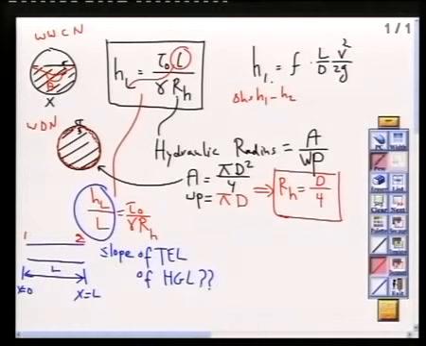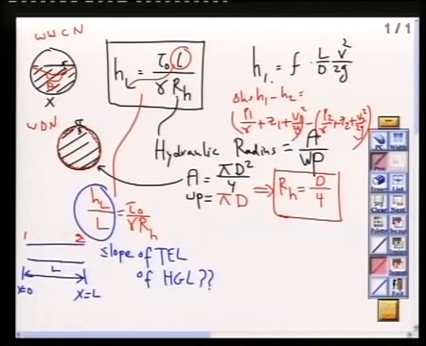And this would equal P1 over gamma plus Z1 plus V1 squared over 2g, minus the same at point 2. Now this is the total head at the starting point, and this is the total head at the ending point.